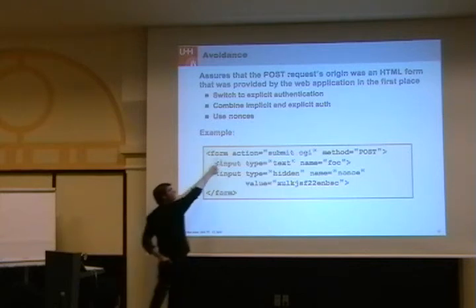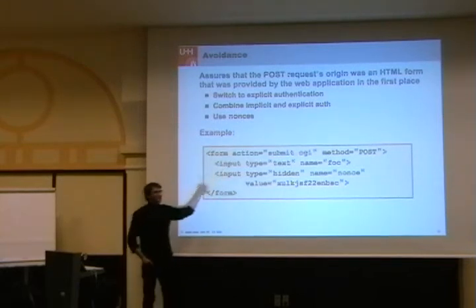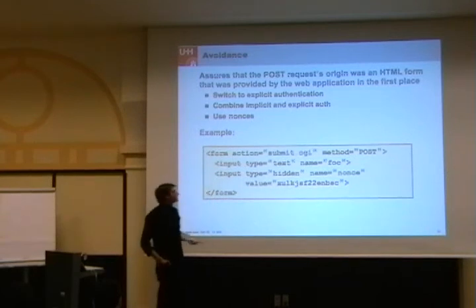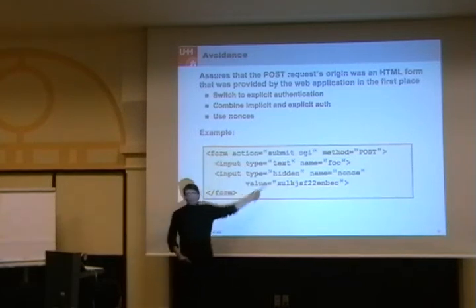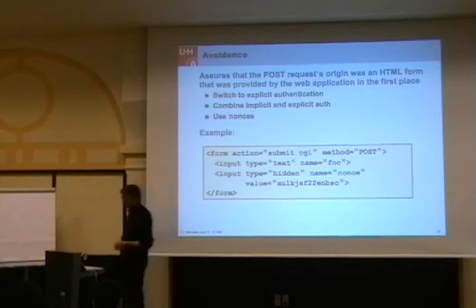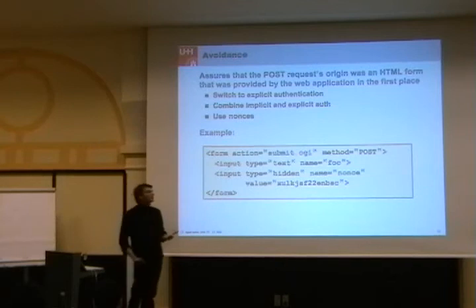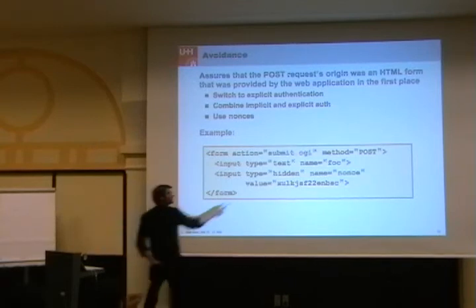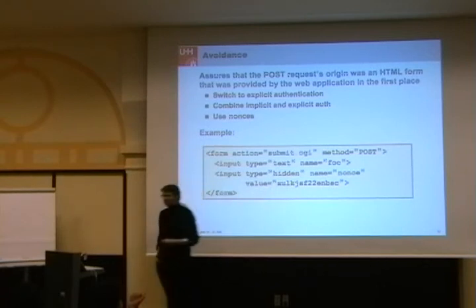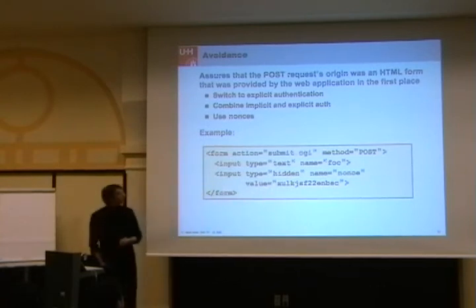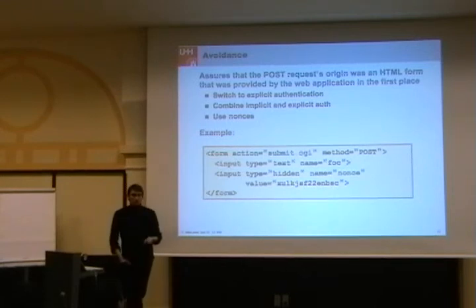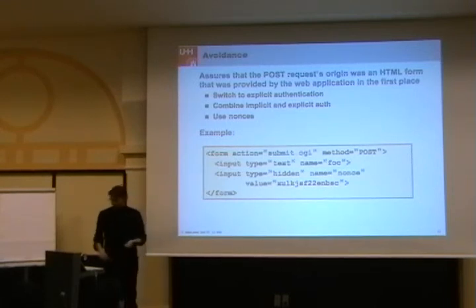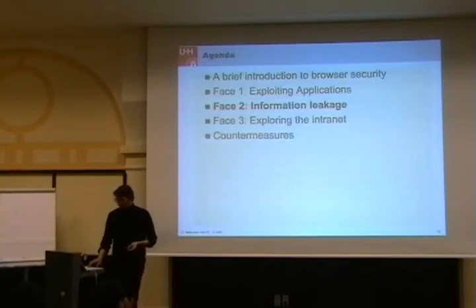So for every form or for every HTML page that is doing something meaningful to your web application, you should include a one-time identifier that is exclusively for this user, for this session, and for this form only. And only if this nonce is sent back to the application, then the state-changing action should be done. It's simple, but it's totally tedious. So it's no big fun doing something like that, but you have to.